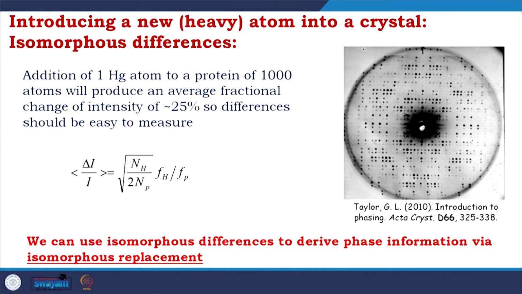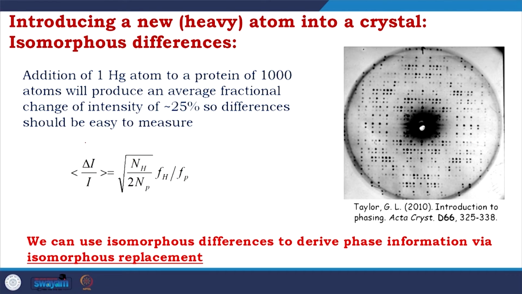So, what happened here: addition of one mercury atom to a protein of 1000 atoms will produce an average fractional change of intensity of 25%. So, differences should be easy to measure.